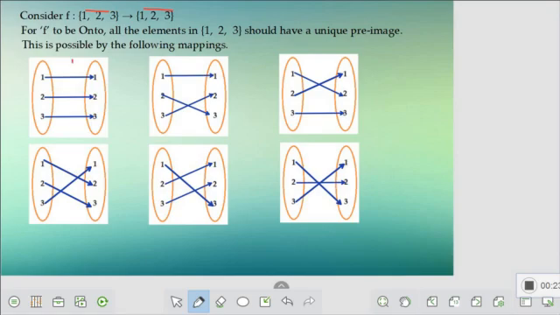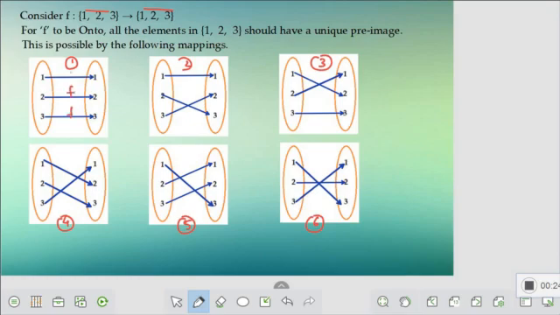This is the first mapping and this is the second one. This is the third one. I'll call this the fourth. This is the fifth and this one is the sixth one. Now look at the first one. You can see 1 is mapped to 1, 2 is mapped to 2 and 3 is mapped to 3.